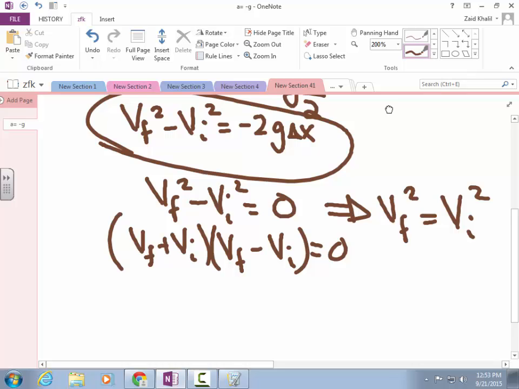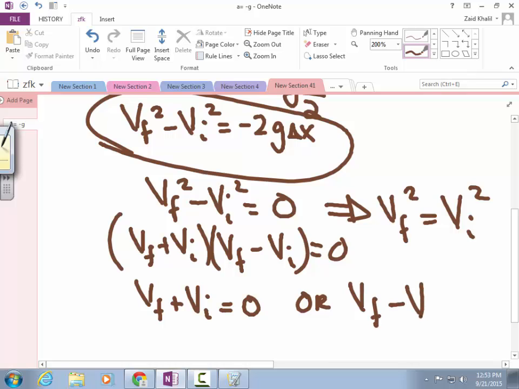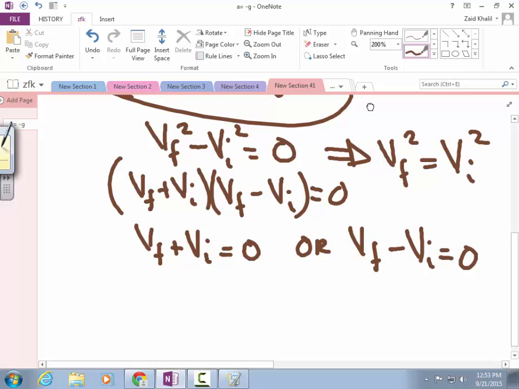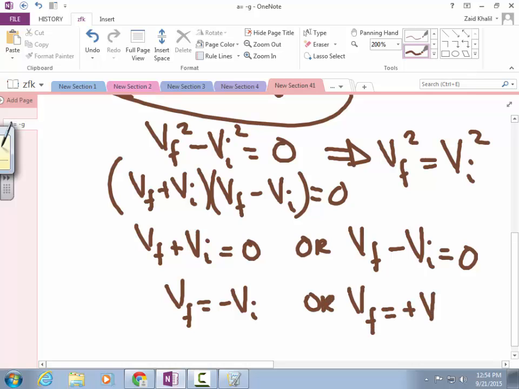So this implies that Vf plus Vi equals 0 or Vf minus Vi equals 0, which means that the two solutions are Vf equals negative Vi or Vf equals positive Vi.